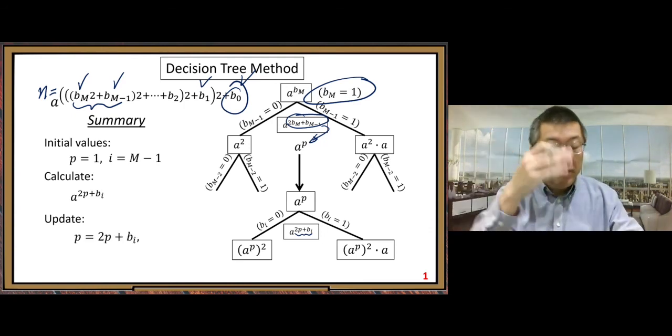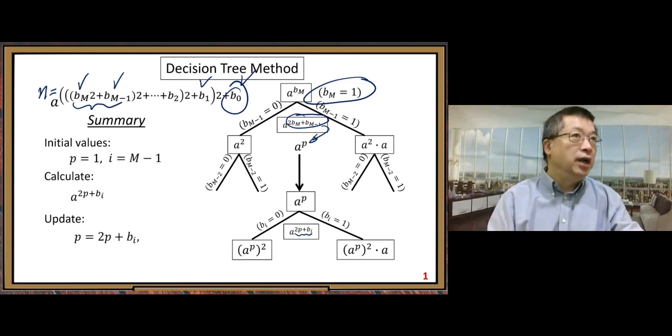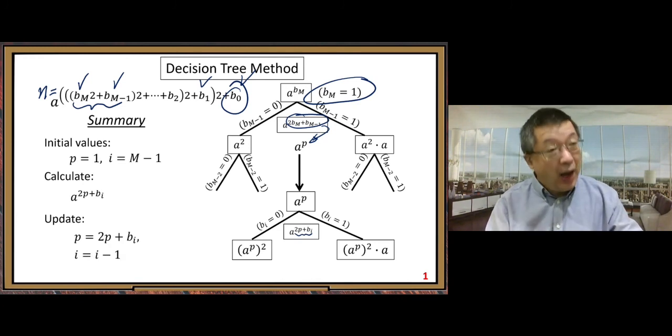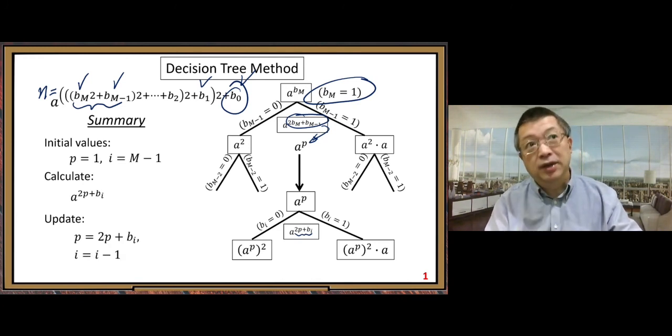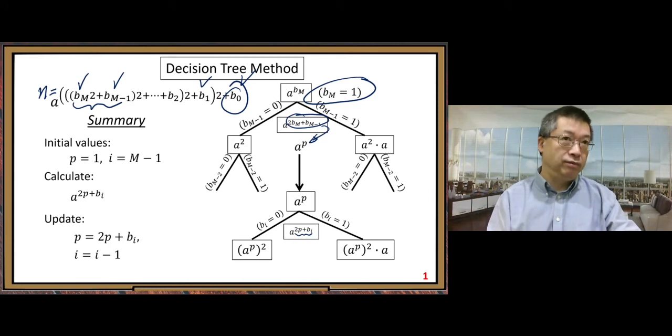The first one, p, we update to 2p plus b_i. That's our new current p. Then i, the counting variable, is reduced by 1.